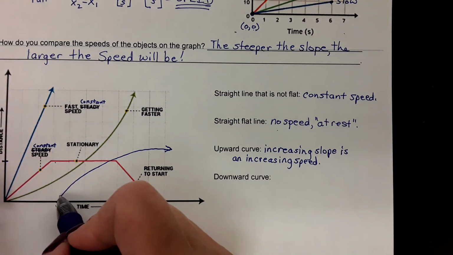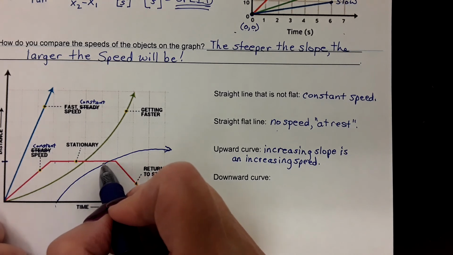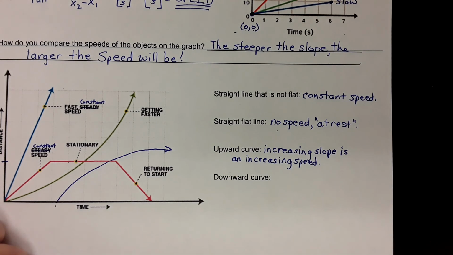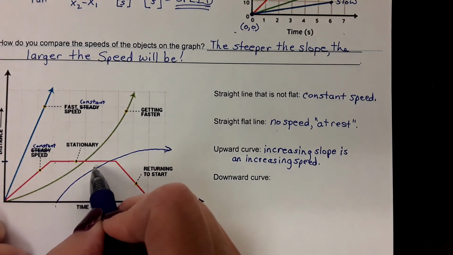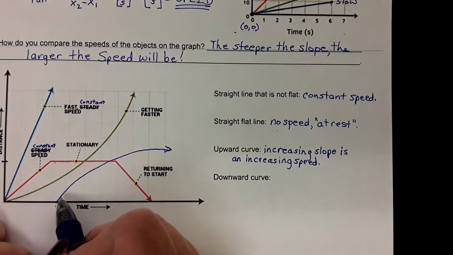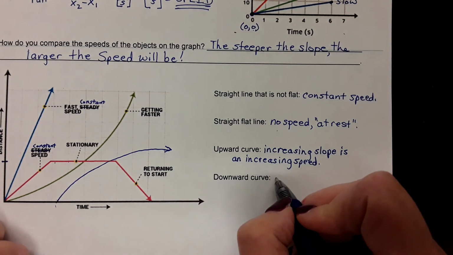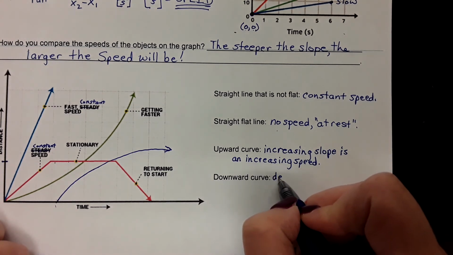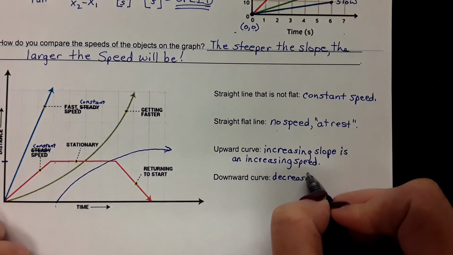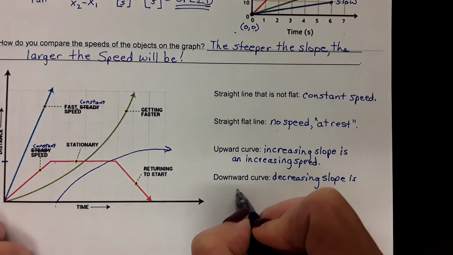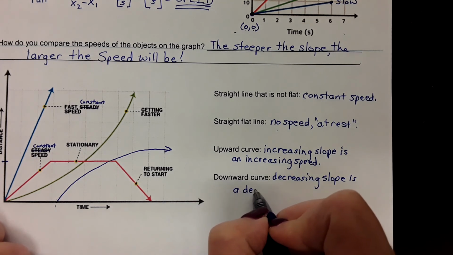It's harder right here to walk up this little hill, but as you get near the top where it flattens out, it gets easier and easier to walk along. So it's starting steeper, it's getting flatter. So you're starting out faster, then you're getting slower. You're slowing down. So a decreasing slope means a decreasing speed.